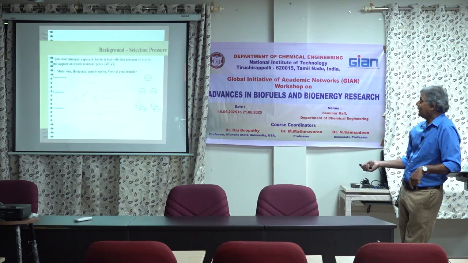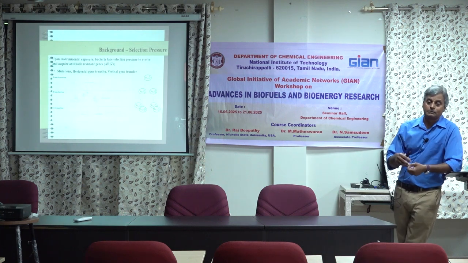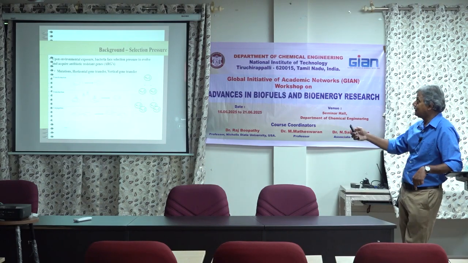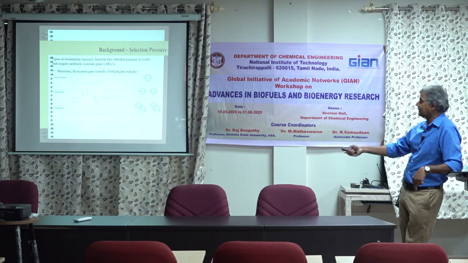So how does antibiotic released in the environment cause antibiotic resistant bacteria? That's the mechanism here. There are three phenomena that can do this: transformation, transduction, conjugation. Transformation is when bacteria die, this antibiotic resistant bacteria releases the gene. The bacteria that are sensitive to antibiotic can take the gene and incorporate it and become antibiotic resistant.